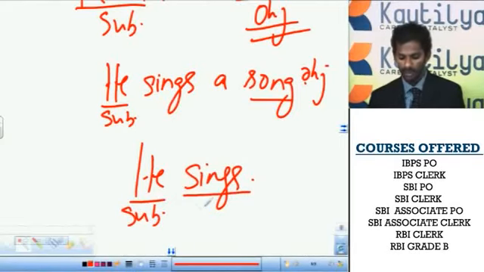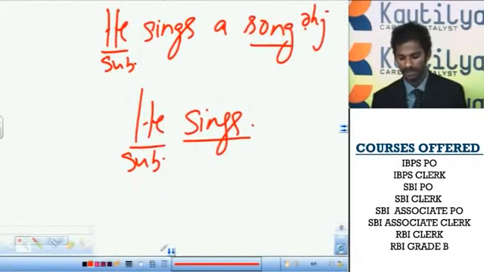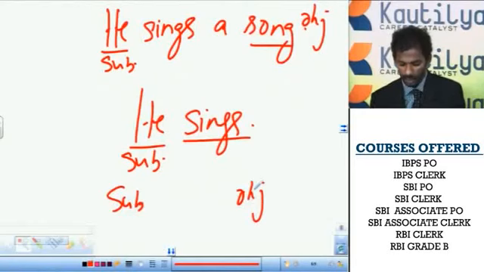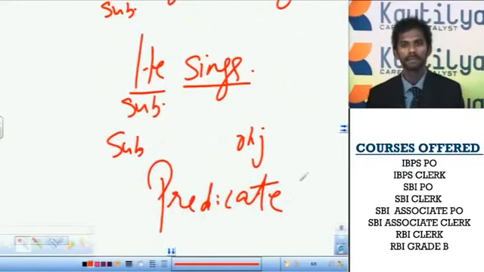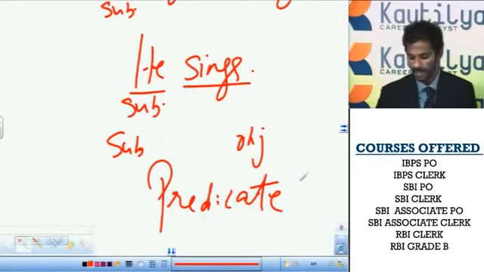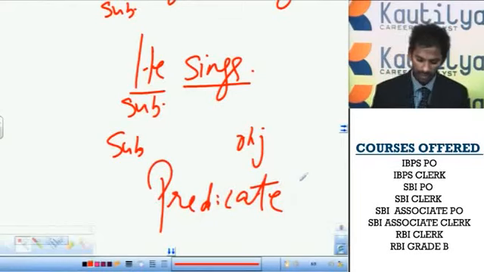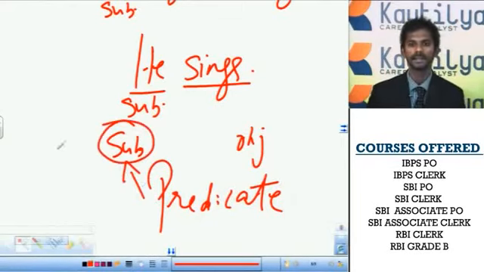Now we are discussing what a clause is. So you know what a subject is and you know what an object is. Right. Now what do you mean by a predicate? In a sentence, what is said about the subject is termed as a predicate.